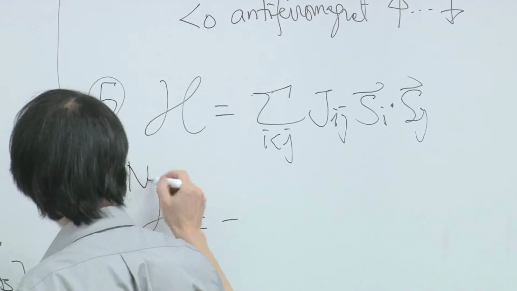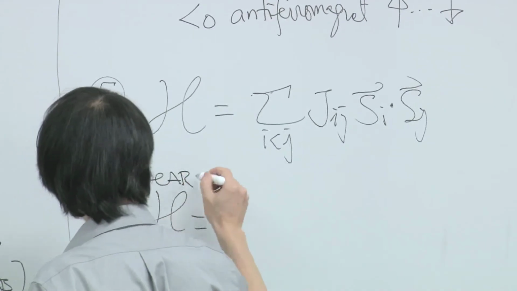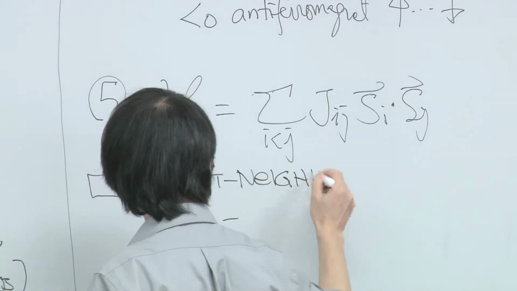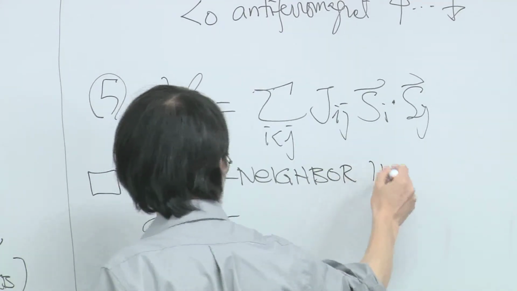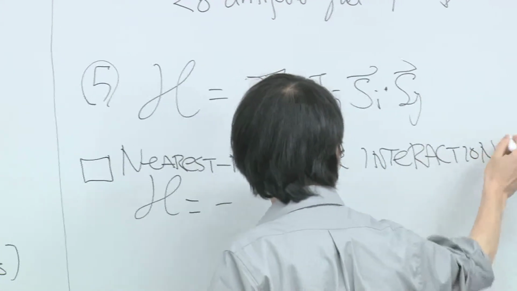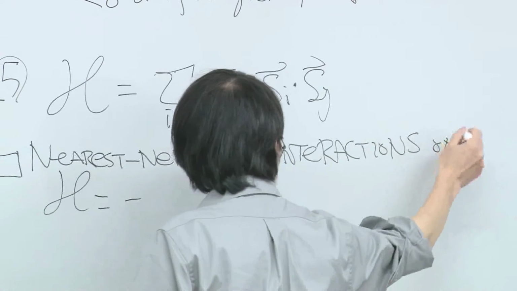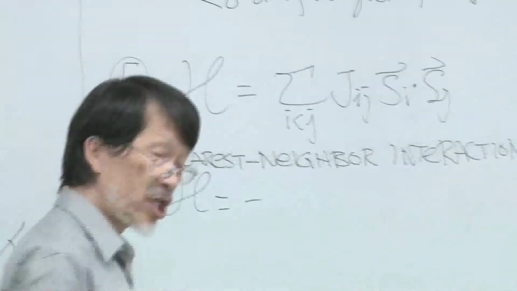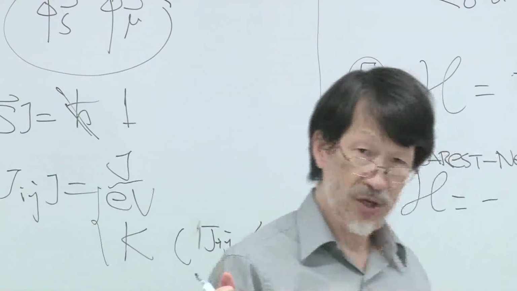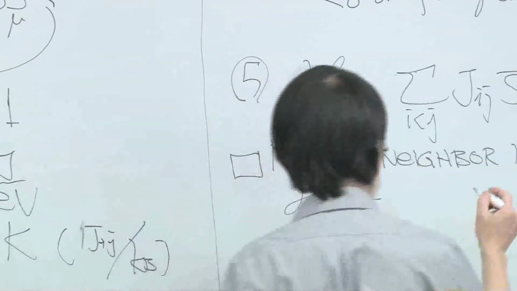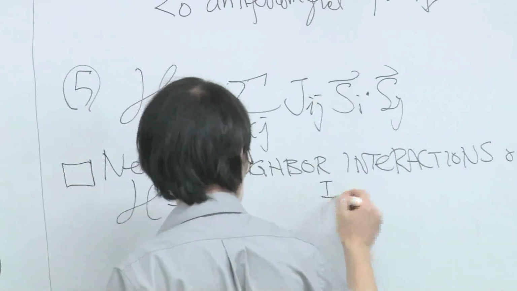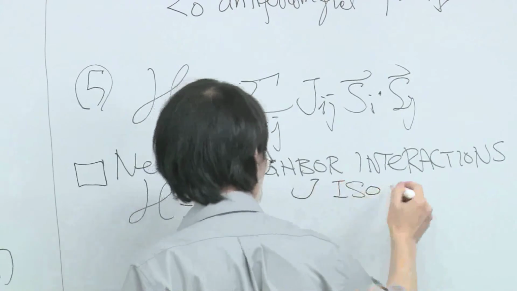So let's restrict ourselves to the nearest neighbor case. And furthermore, we assume that interactions are isotropic. All the neighbors interact with exactly the same strength. This is not always the case, but we make it the same to make the situation as simple as possible. So J is isotropic.